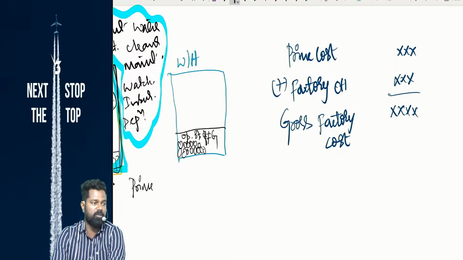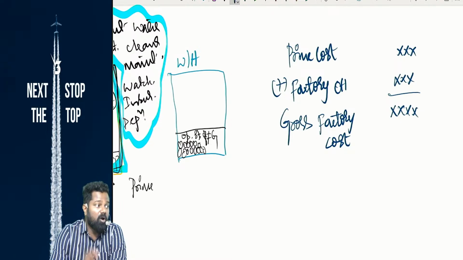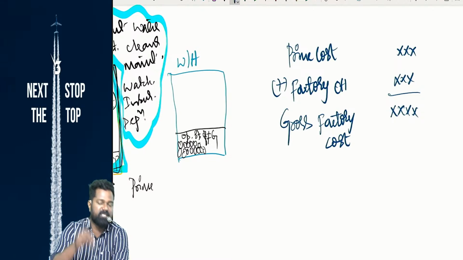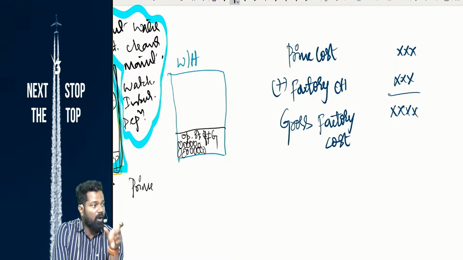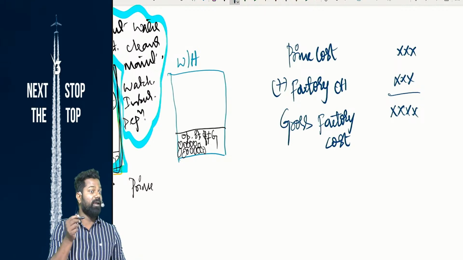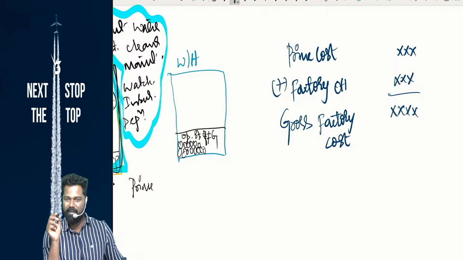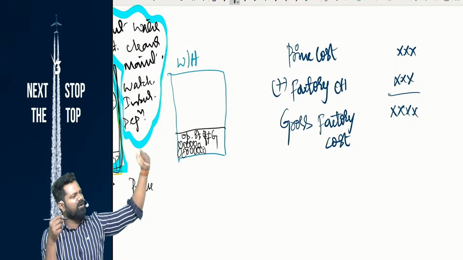Up to this point, everybody clear? Gross factory cost is nothing but cost incurred for this period. What is gross factory cost? Cost incurred this year. Are we adding anything relating to the previous year? Up to this point, we have not added any opening WIP or closing WIP. We are not taking anything which was incurred last year or last period.